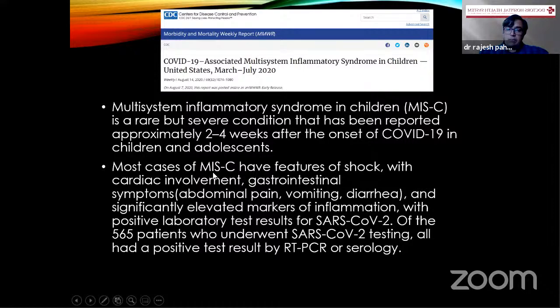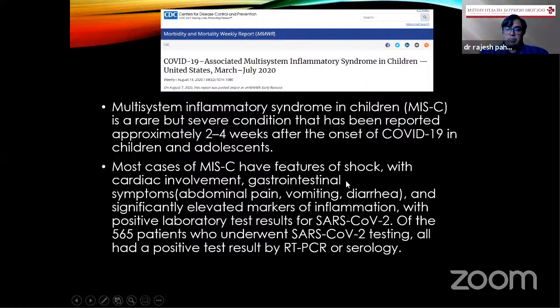The most common cases of this multisystem inflammatory syndrome have features of shock, cardiac involvement, gastrointestinal symptoms consisting of abdominal pain, vomiting, and diarrhea, and significantly elevated inflammatory markers like IL-6, with positive laboratory test results for COVID-19. Of the 565 patients who underwent testing, all were positive for RT-PCR or serology. So this is an important condition which we need to recognize.